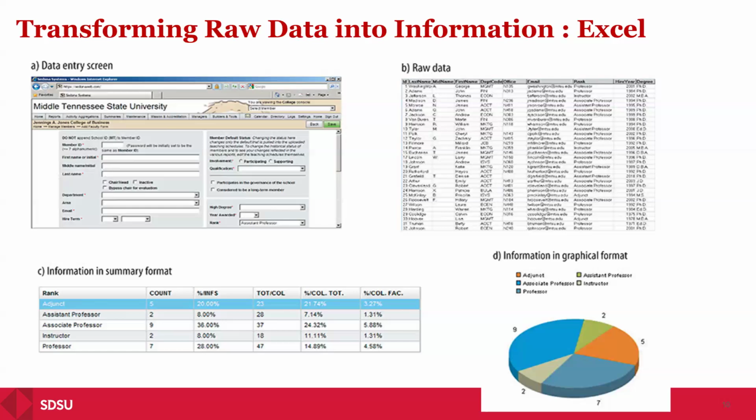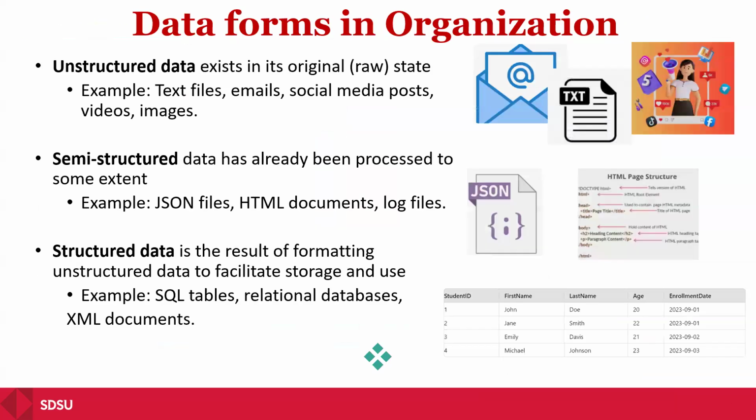All right. So that was how we transform raw data into information in the program. In this case, it's Excel versus our brain, a little more complicated in Excel, but the concept is the same. So when it comes to data in an organization, it can exist in various different forms.